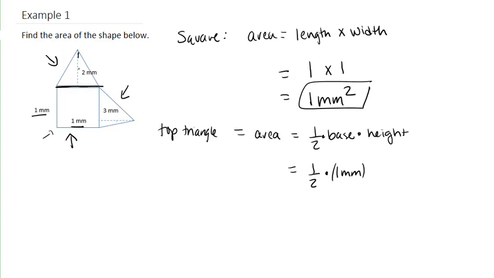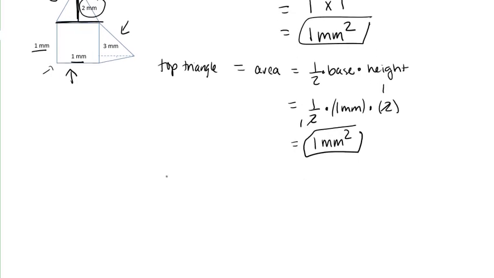And then our height, which is right here, is given by right there, which is 2. So we get 1 times 2 and then divided by 2. So that is just equal to 1 millimeters squared. Another quick way to do this, when you multiply, these are common factors and they can cross out and leave it just as 1. So now let's do the bottom triangle.